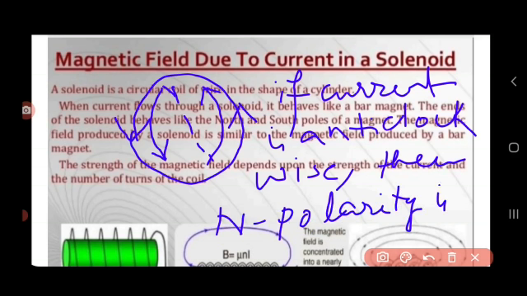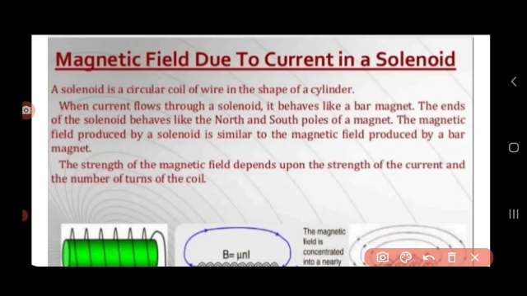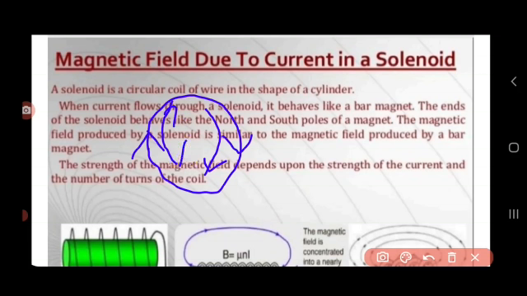We get the English letter S. So if current is clockwise, then south polarity is developed.